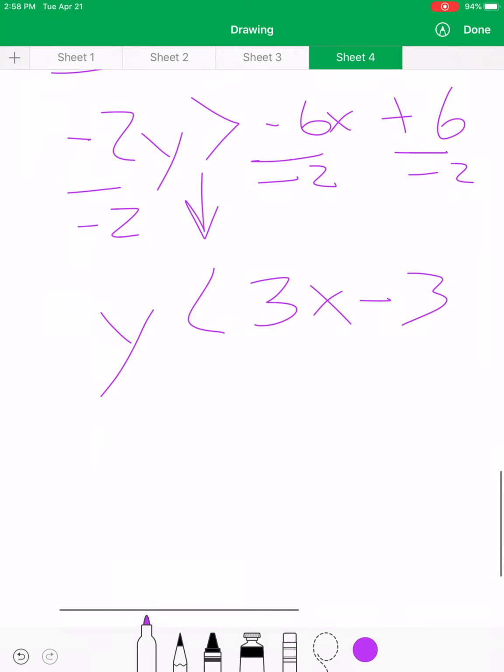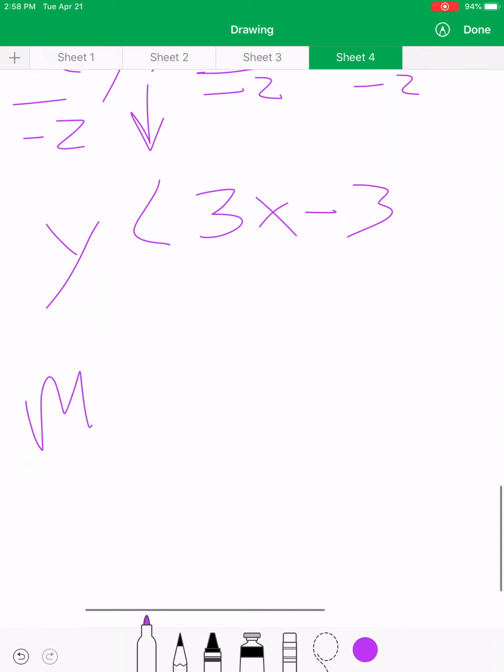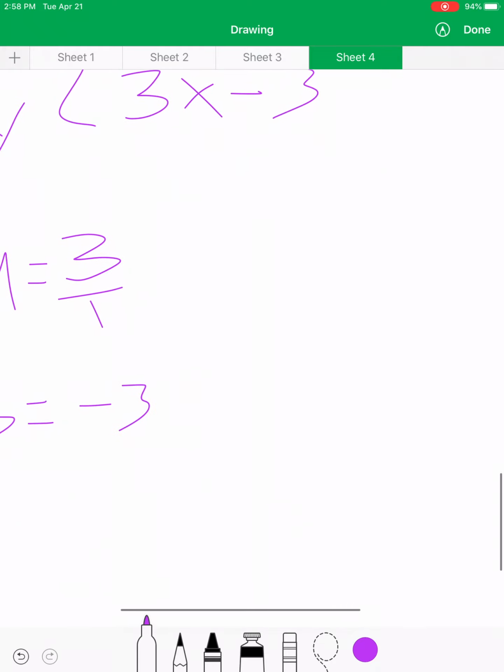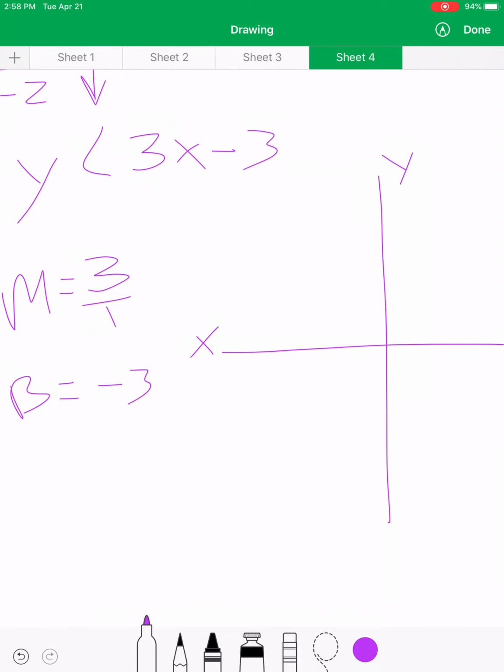So it's really y is less than 3x minus 3, which means m, the term associated with x, is 3 over 1, b is negative 3. So we have a negative starting point now. All that means is that on the graph, there's x, there's y. Instead of going up 3, I'm going to go down 1, 2, 3. There's my starting point right there.